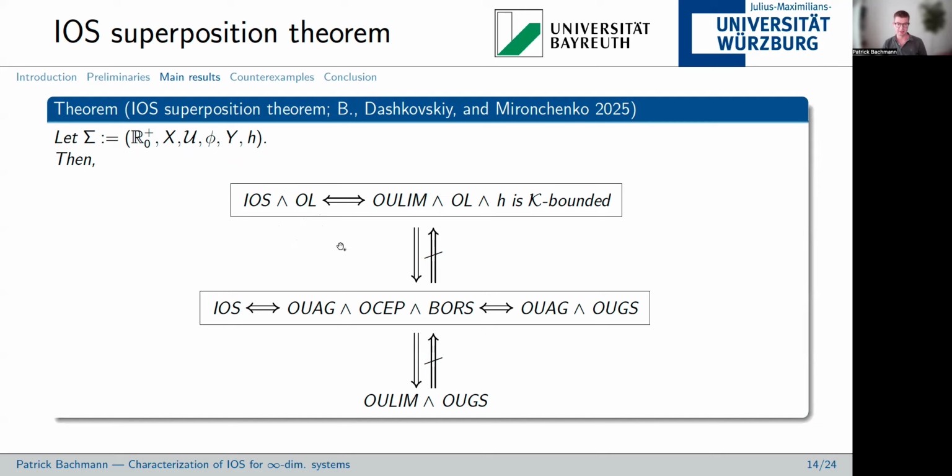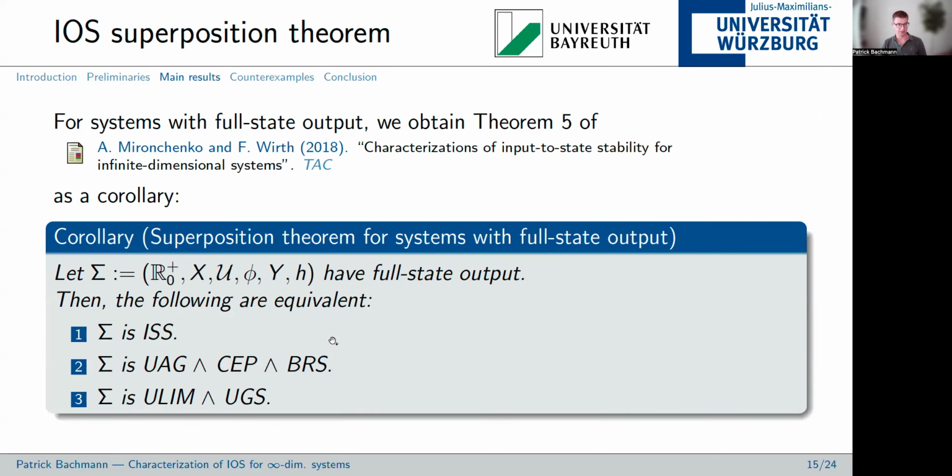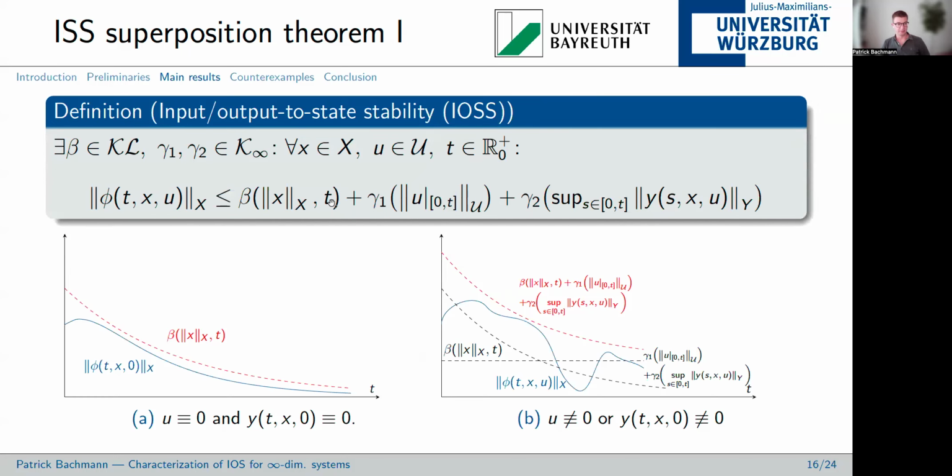And in this case, these three layers somehow converge. Okay, however, we were able to prove this result from 2018 as a corollary, and show it from our more general results on input-output systems. Okay.